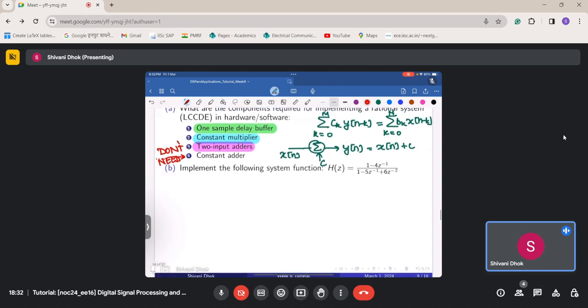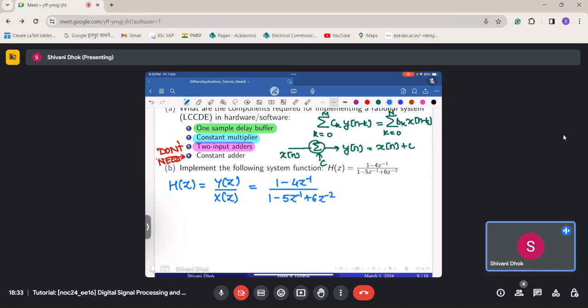Now, using these three blocks, we need to implement the system function H of z, which is Y of z upon X of z, equal to 1 minus 4z inverse upon 1 minus 5z inverse plus 6z to the power minus 2.